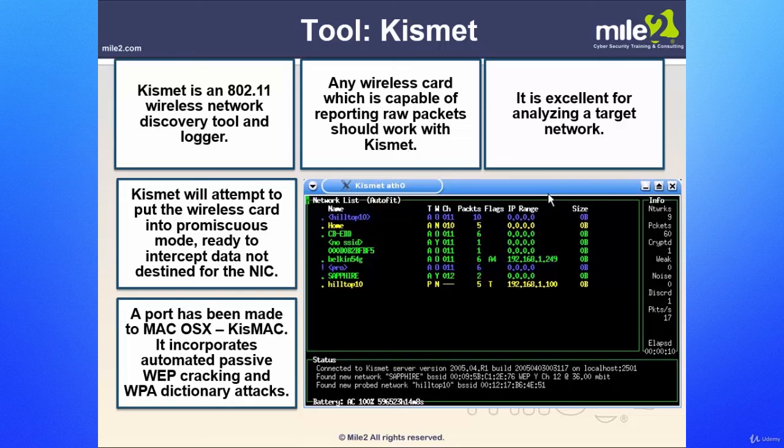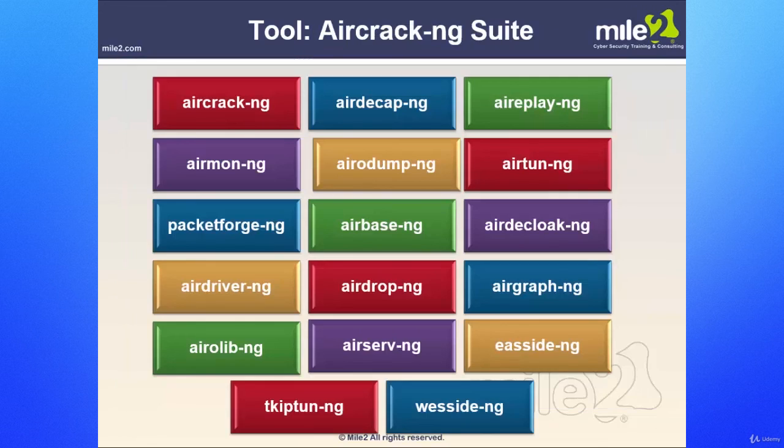Pretty sweet deal. But the sweetest deal comes along with the aircrack-ng suite. What's nice about the aircrack-ng suite is that it has a lot of different tools in it. Generally, we would use a couple of different tools in the real world, like airmon-ng, which basically puts your network card into monitor mode, as we mentioned, the promiscuous mode.